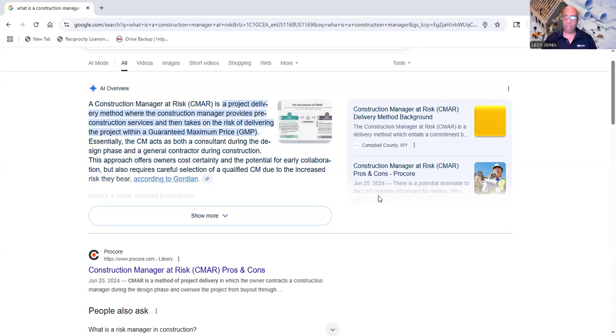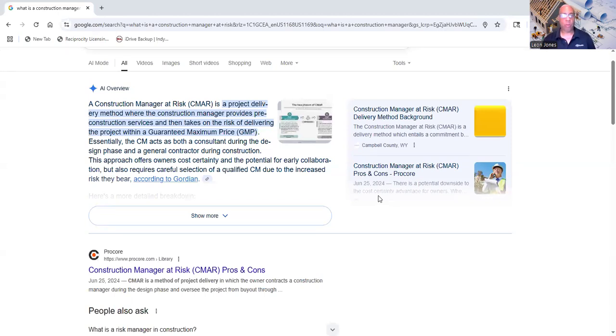And once again, when we talk about the CMAR, it's the construction manager at risk. It's a project delivery method where the construction manager provides the construction services and then takes on the risk of delivering the project within a guaranteed maximum price. Essentially, the CM acts as both the consultant during the development, design, or pre-construction phase, and then as a general contractor during construction.